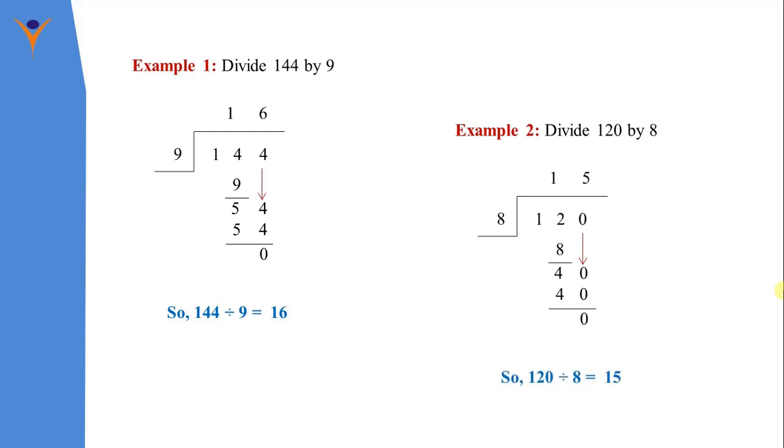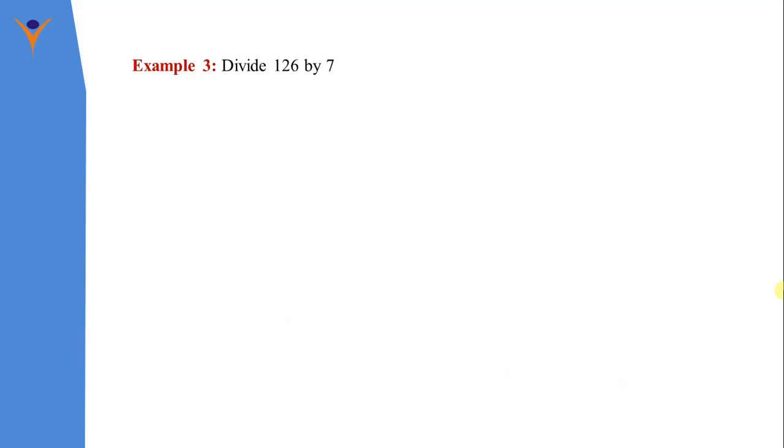Good. Let's look at this one. 126 divided by 7. Again, we start from the left. 12 divided by 7 is 1. If we take 7 away from 12, we're left with 5. And there it is. So we bring down the 6.